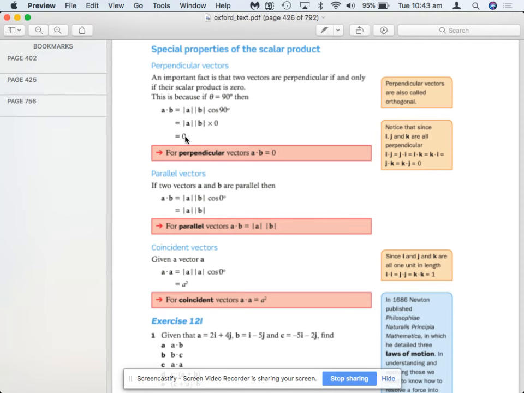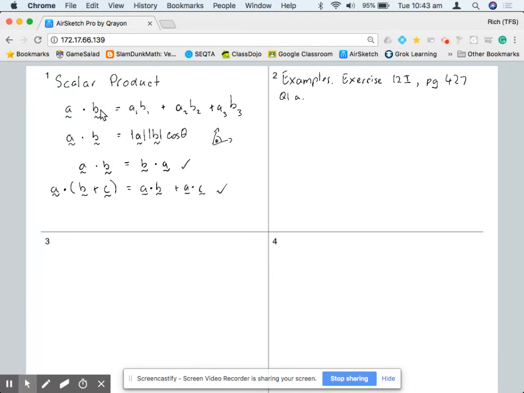I'm just going to flick back to the notes. The idea being that if you're using this definition of the scalar product, I'll zoom up on it, and it turns out that the result here is 0, then you know that the vectors are perpendicular.